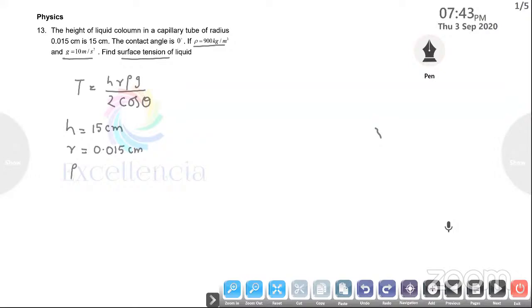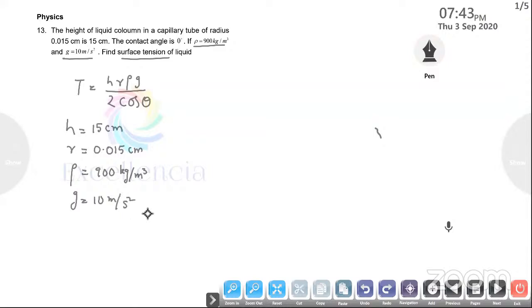Density of the liquid is 900 kg per meter cube, and acceleration due to gravity is 10 meter per second square.